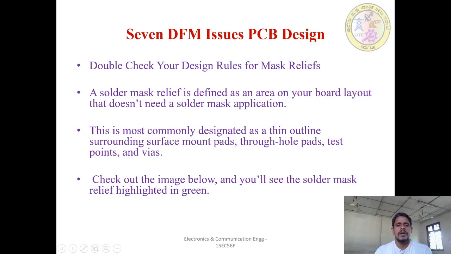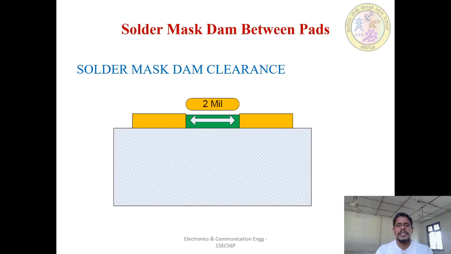This is most commonly designated as a thin outline surrounding surface mount pads, through-hole pads, test points and vias. Check out the image below and you will see the solder mask relief highlighted in green. Solder mask relief is highlighted here in green color.